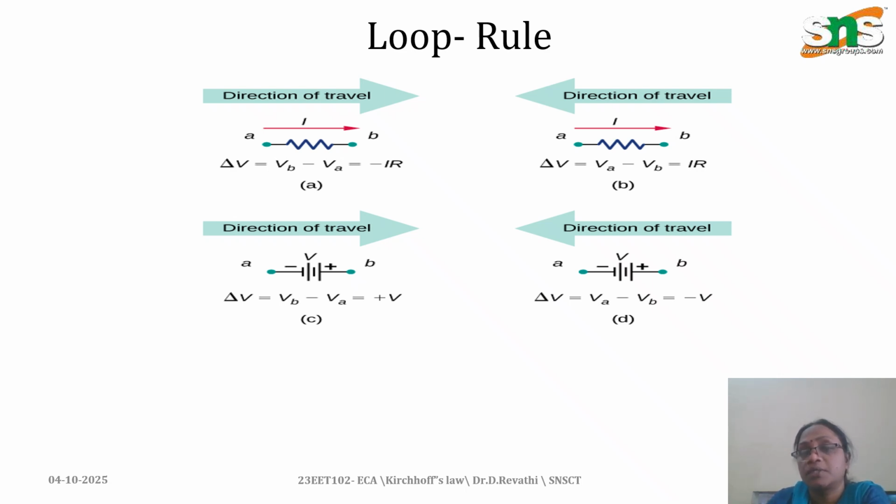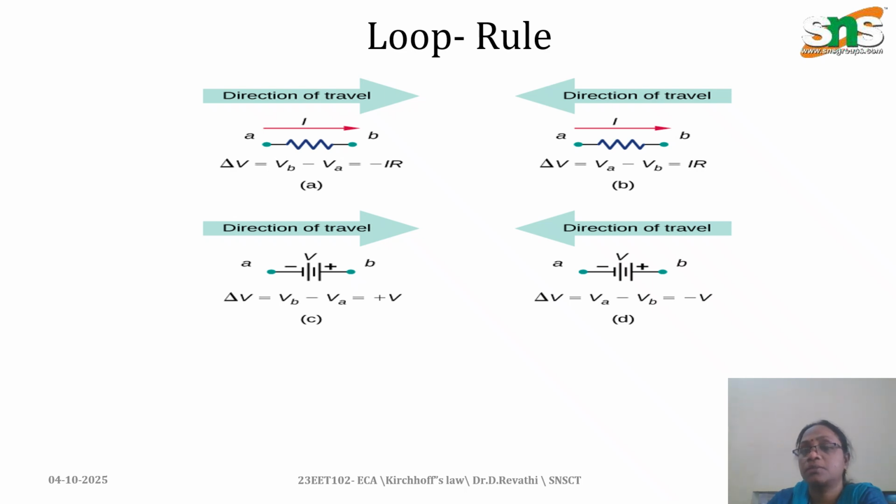Here we are considering a resistor between A and B, with current flowing from A to B. The voltage is VB minus VA, but the current flows from A to B, so we put minus I times R. Then, considering the battery plus and minus, A is connected to negative and B is connected to positive. Then VB minus VA is equal to V, and VA minus VB is equal to minus V.